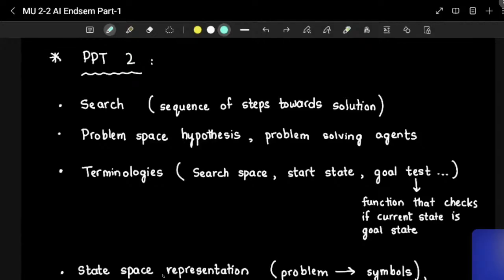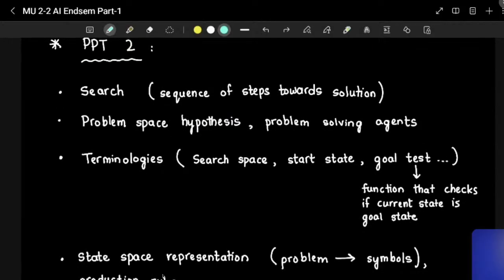Problem space hypothesis. There were like 2 sentences in the PPT. If you have any problem, you can convert it to symbols of some sorts. So you can represent a problem in terms of symbols and variables, and that thing will be called problem space.